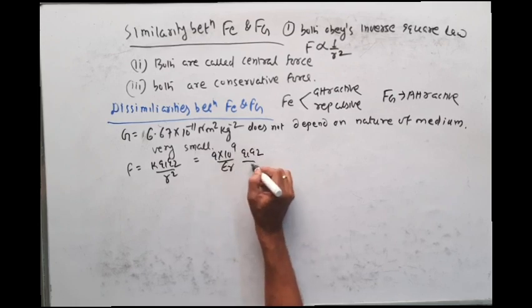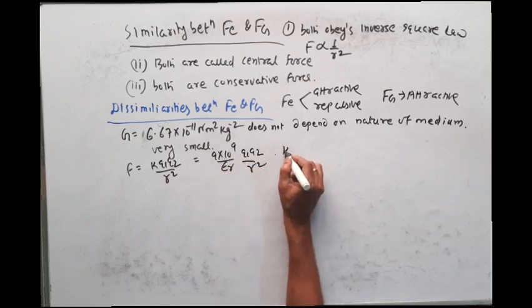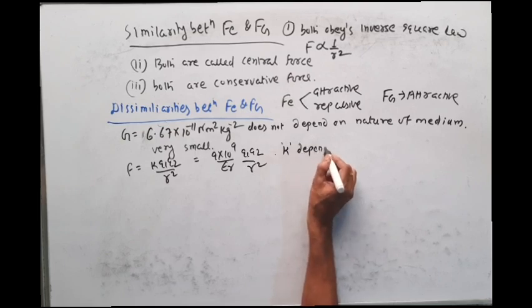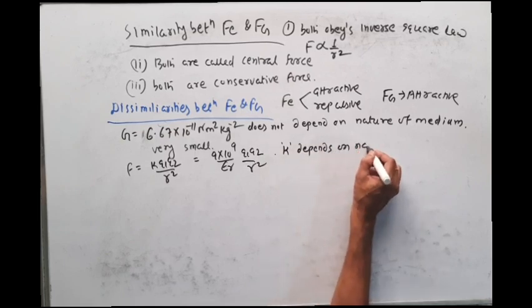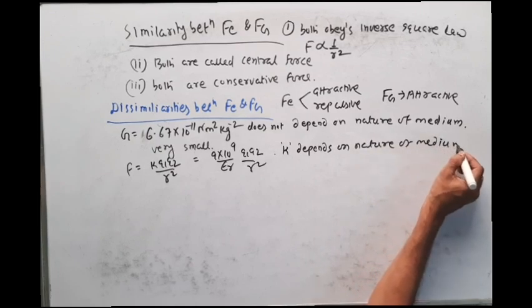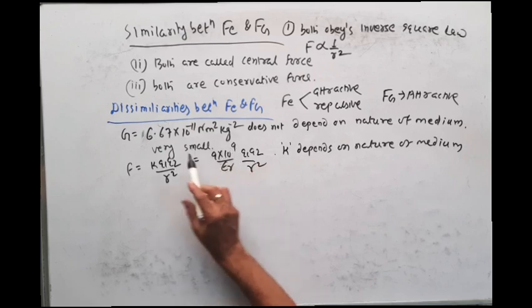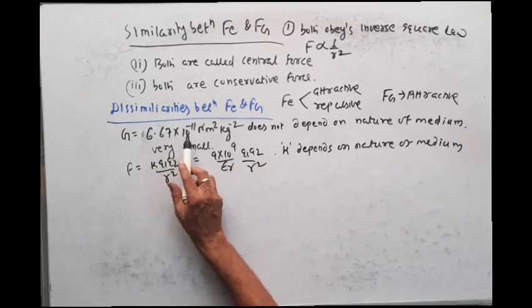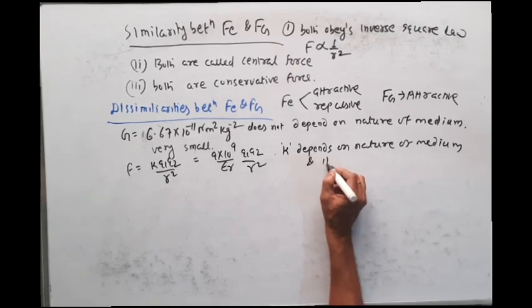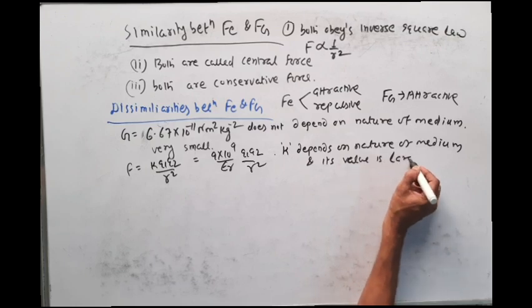This K value depends on the nature of medium, and practically its value is very large. You see 9 into 10 to the power 9 here, and here 6.67 into 10 to the power minus 11. So K depends upon the nature of medium and its value is large.